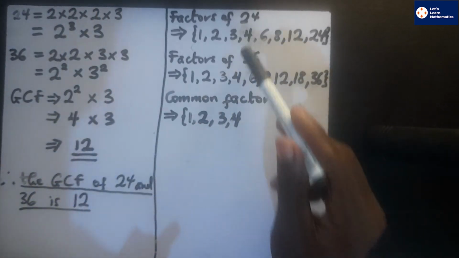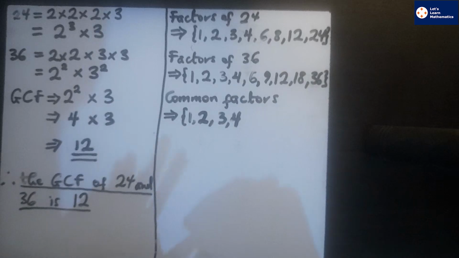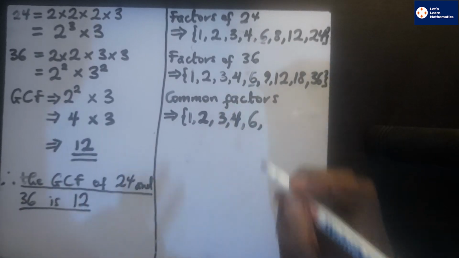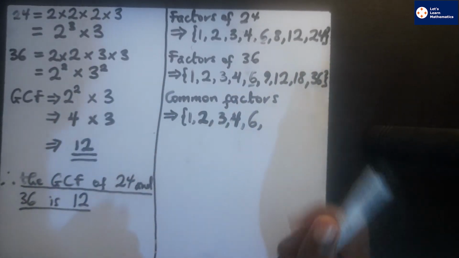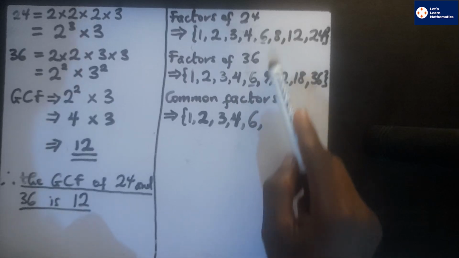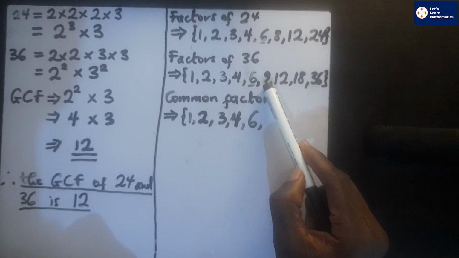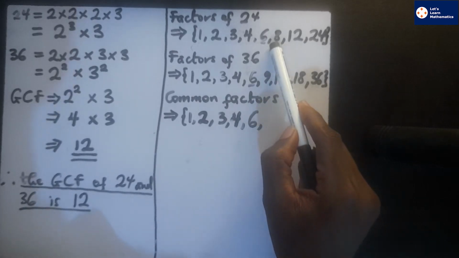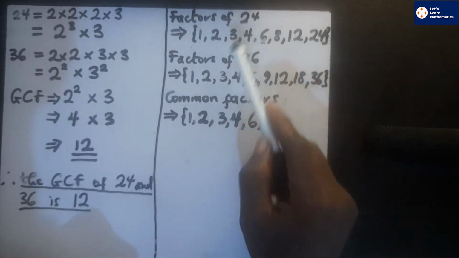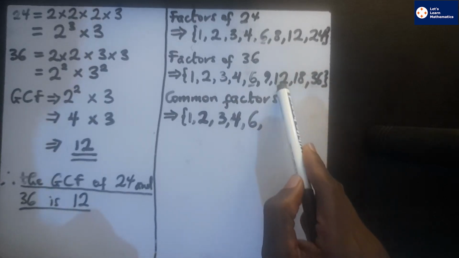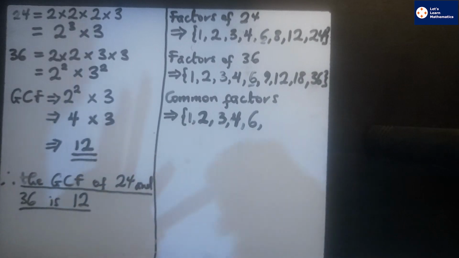There is no 5 here, there is no 5 here. So 6 is also a common factor, because I can see 6 here, I can see 6 here. There is no 7 in any of the sets. There is 8 here, but 8 is not here. There is 9 here, but 9 is not here. 10 and 11 cannot be found anywhere. So we go to 12. 12 is here, 12 is here. So we write 12.